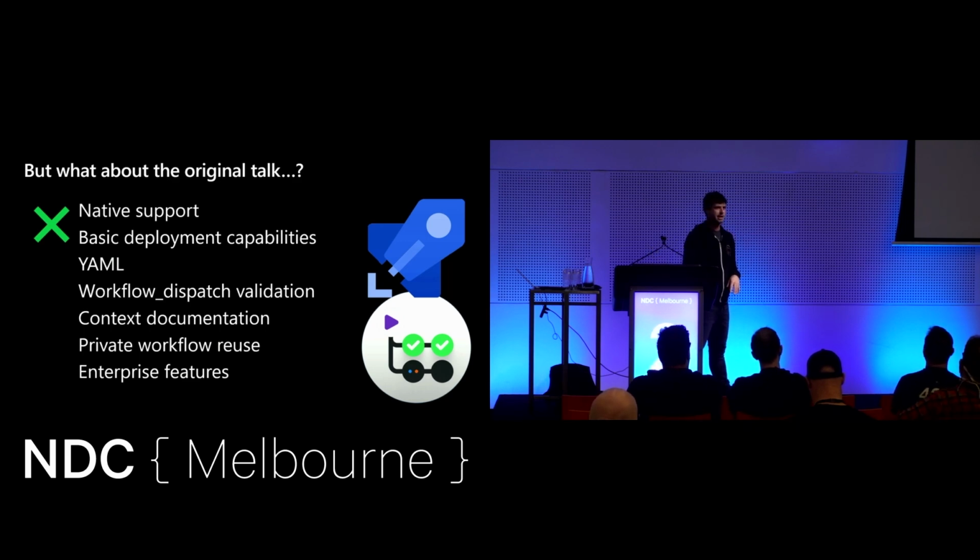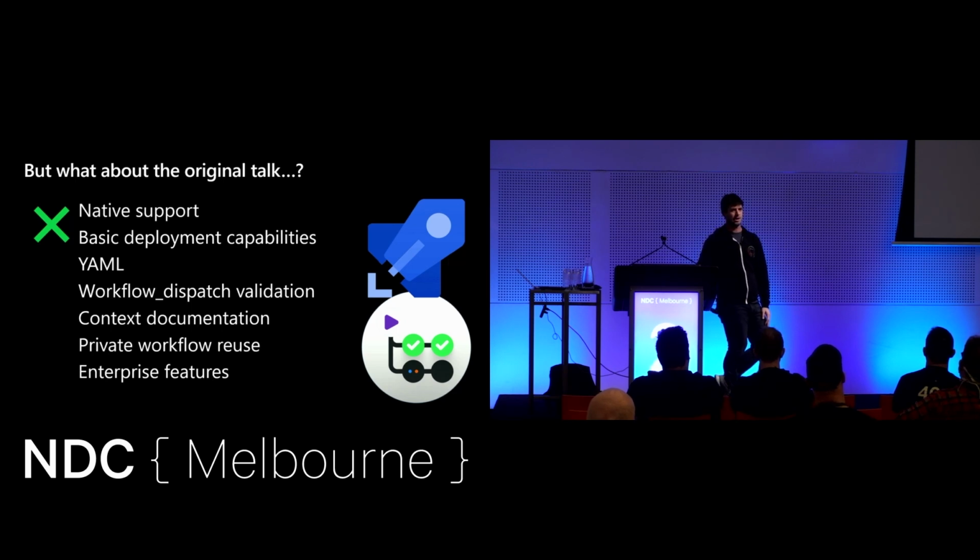Things like Dependabot, which will check for your dependency vulnerabilities. So if you're using a package that has a known vulnerability, Dependabot is free for public repositories. There's some other features that are only available with GitHub Enterprise and only available with Advanced Security, which is an addition to GitHub Enterprise.